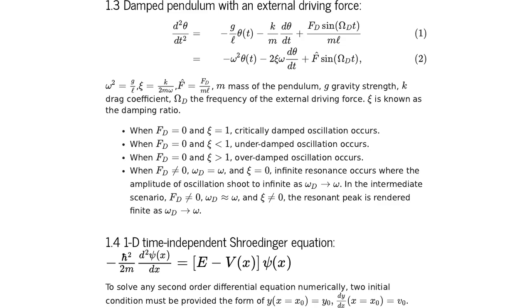It states that negative h bar squared over 2m times the second derivative of the wave function psi with respect to position x equals the quantity E minus V of x, all multiplied by psi of x, where E is energy and V of x is the potential energy. A key point for numerically solving any such second-order ODE is the necessity of providing two initial conditions, typically the value of the function and its first derivative at some initial point.